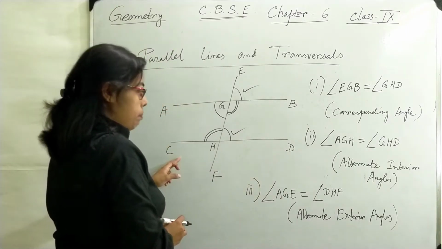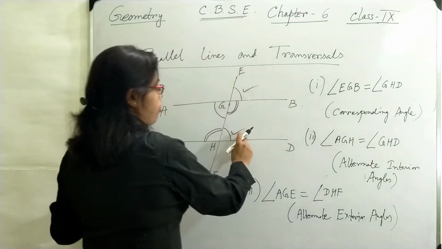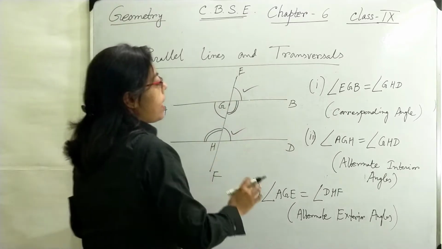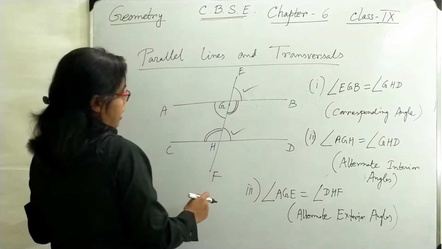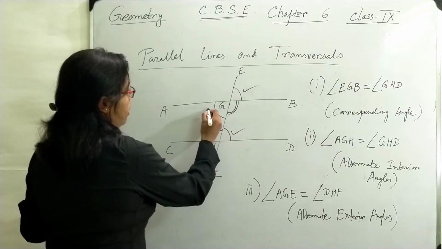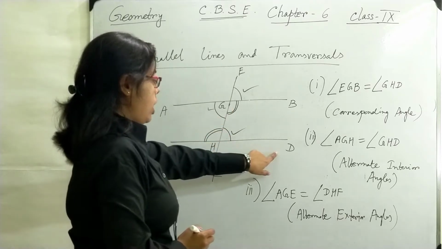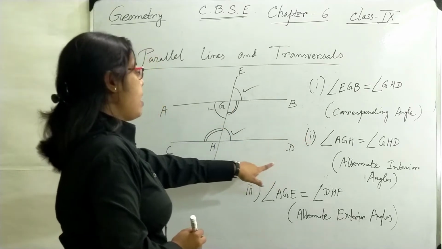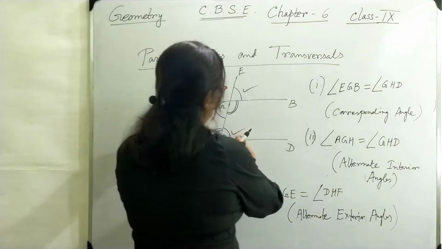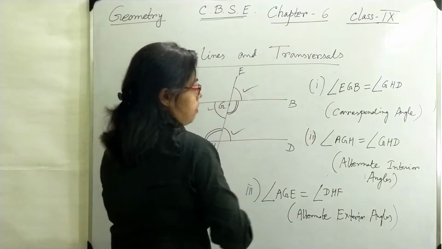If AB is parallel to CD, then these are known as corresponding angles, and they will be equal in nature. And the second type, alternate interior angles, are this one and this one. Angle AGH equals angle GHD. These are alternate interior angles, and these are also equal. And if the lines are parallel, then only they will be equal, otherwise not.